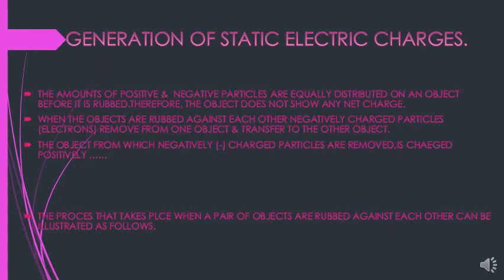The object from which negatively charged particles are removed is charged positively, and the object that gained negatively charged particles is charged negatively. Now, the process that takes place when a pair of objects are rubbed against each other can be illustrated as follows.